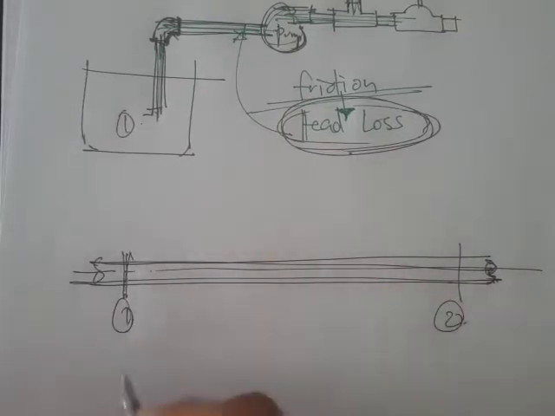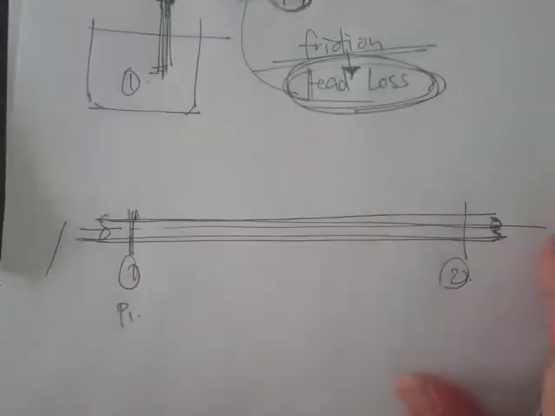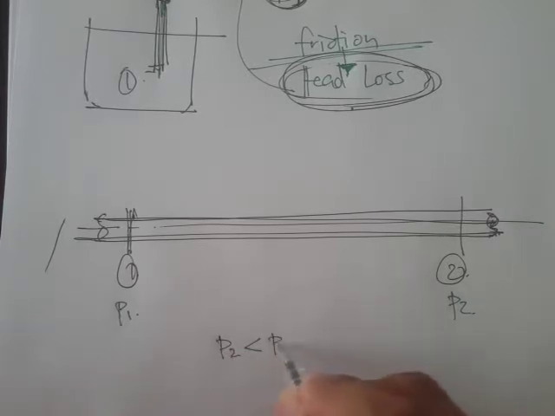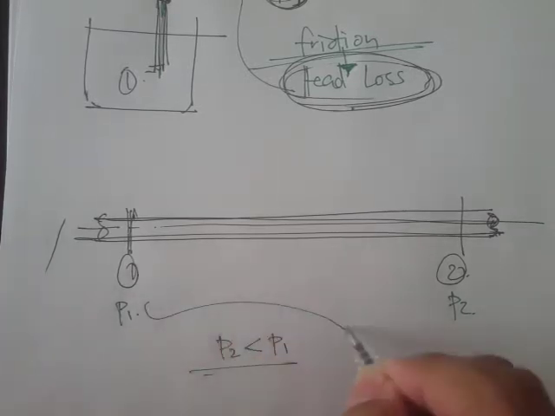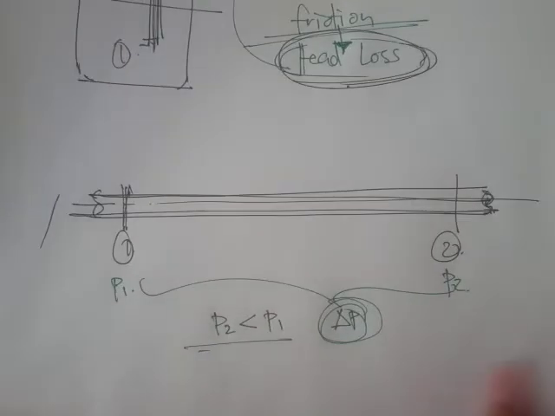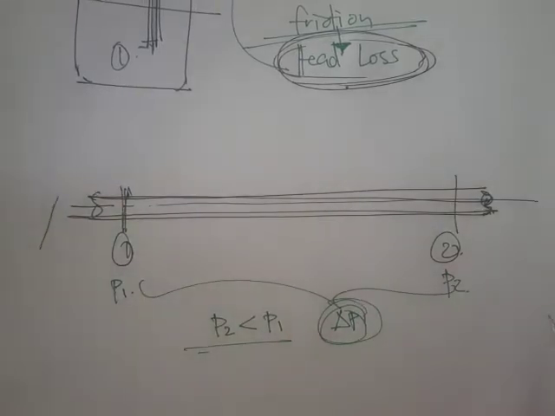If we measure the pressure at point 1 and then at point 2, we would see that the pressure at 2 would be less than the pressure at 1. Why? There's going to be a pressure loss, which is related to the friction.